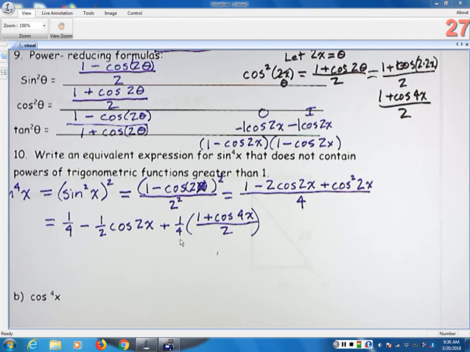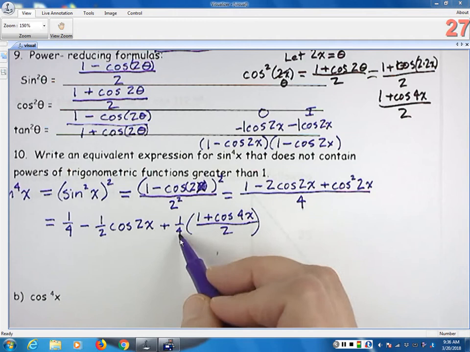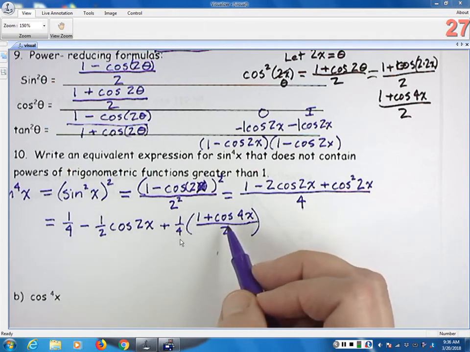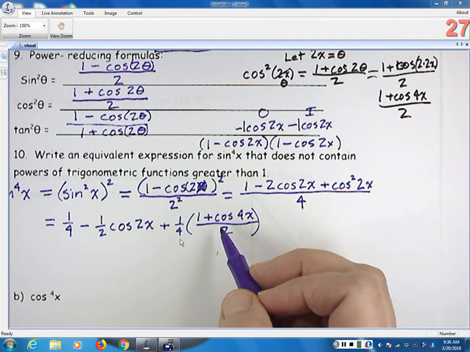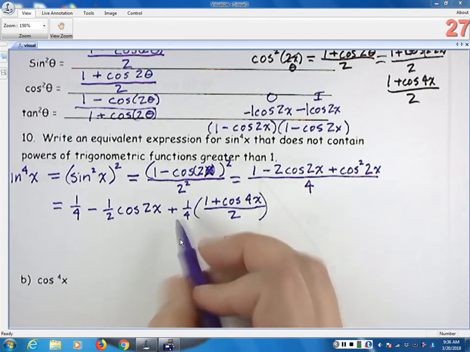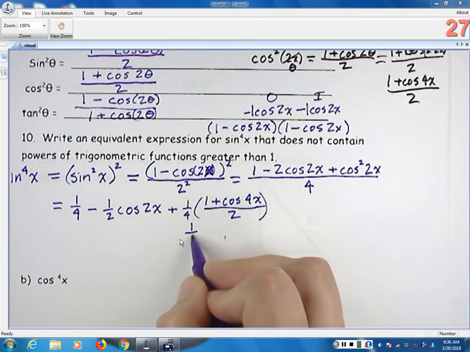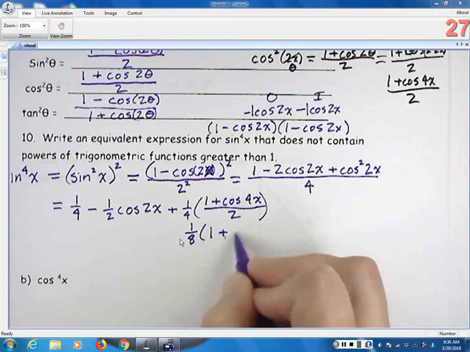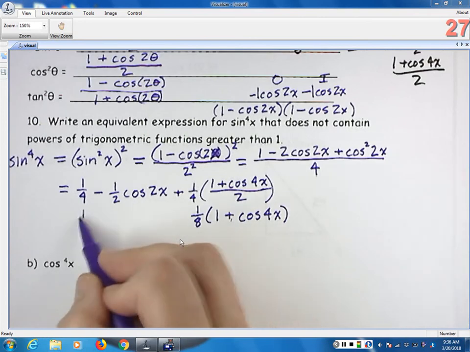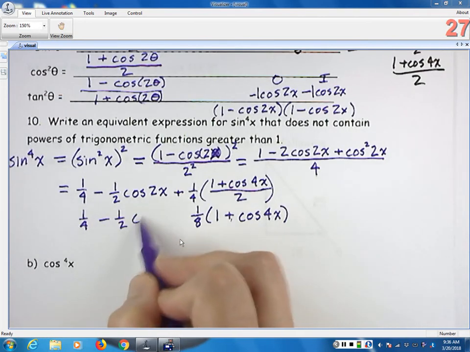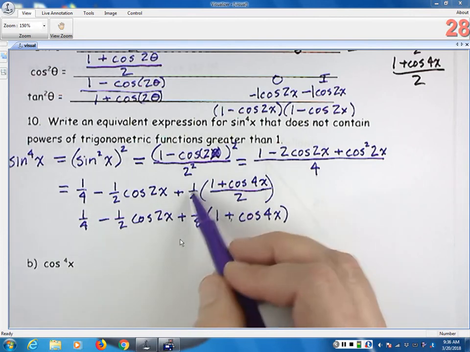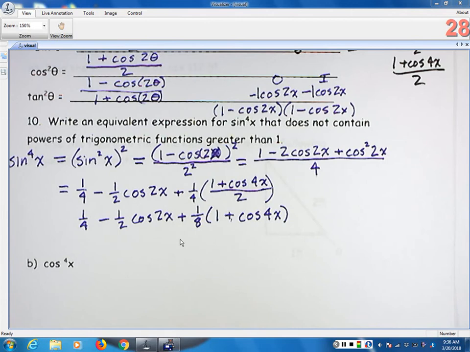All right, then we're going to multiply this. 4 times 2 is 8, so we're going to write this as 1/8 in front. 1/4 minus 1/2 cosine 2x plus, a half times a fourth is an eighth. We just brought it out front.